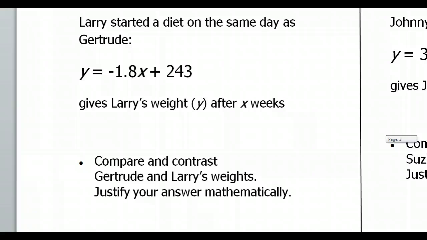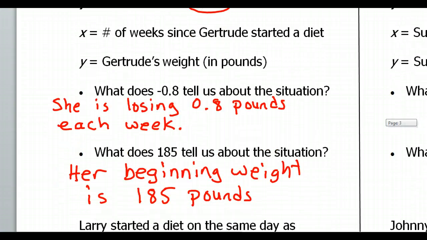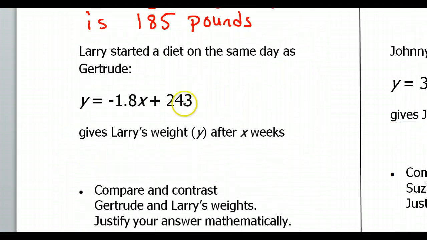Look at Larry's equation. Ask yourself how much Larry weighs at the beginning. And then look back at Gertrude's equation. Remember how much she weighs at the beginning. Remember, to begin with, Gertrude weighs 185 pounds. On the other hand, to begin with, Larry starts off weighing 243 pounds.